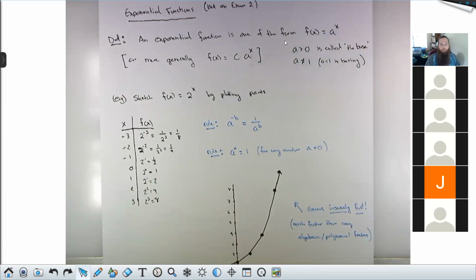It's a constant. Is it because the exponent could be a fraction, and then if it's negative, you get an imaginary number? Very good. So why do we care about the sign of a?